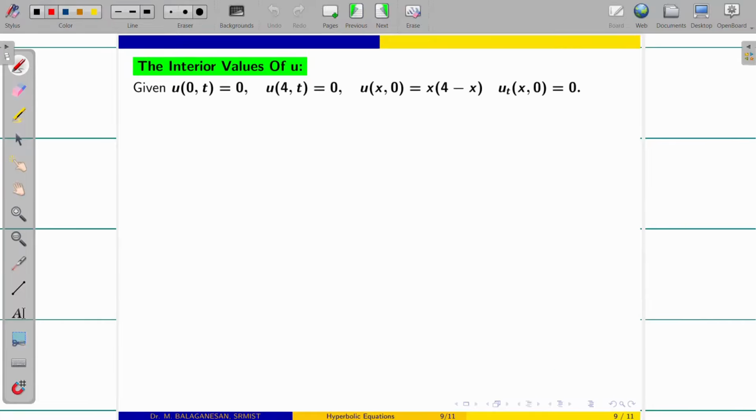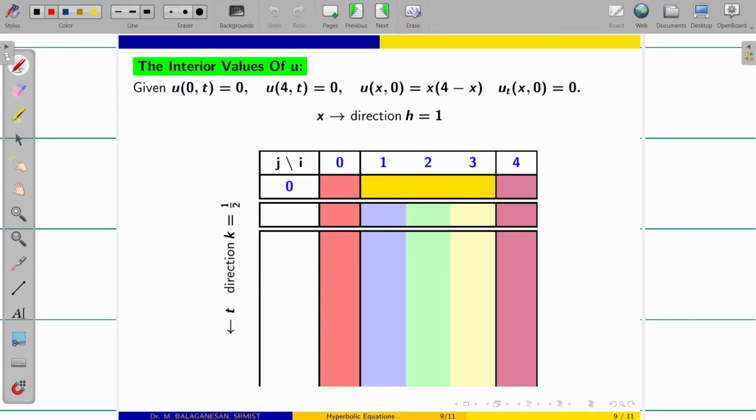Right. So we are going to find the interior values now. These are all the given boundary conditions. In the x direction, h equal to 1. In the t direction, k equal to 1 by 2. Now, h equal to 1, x varying from 0 to 4: 0, 1, 2, 3, 4. Similarly, up to t equal to 4 seconds the difference is 0.5: 0.5, 1, 1.5, 2, 2.5, 3, 3.5, 4.